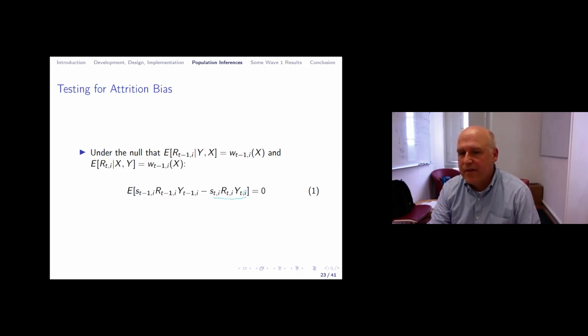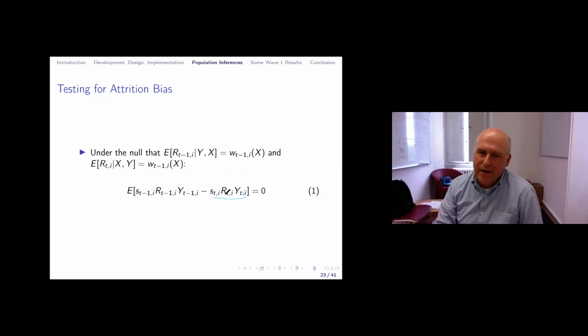But the difference between them is 0 in expectation under the null. So we can test the joint null with both sets of weights, our pre-existing weights for wave 9 and our new weights for the COVID survey, by just constructing the population analog of this object for different Ys, for different variables we might be interested in: income at wave 9, education at wave 9, poverty at wave 9, health conditions at wave 9, and testing whether the sample analog of this construct is 0.